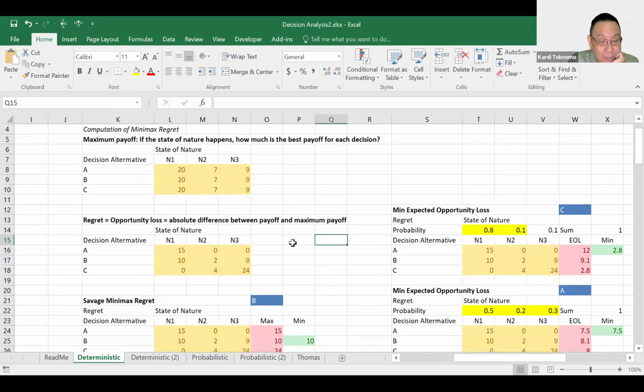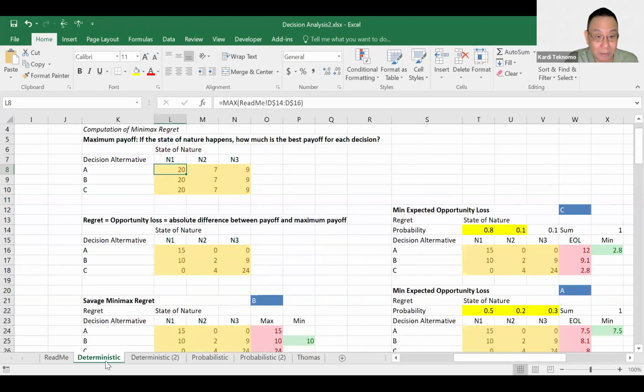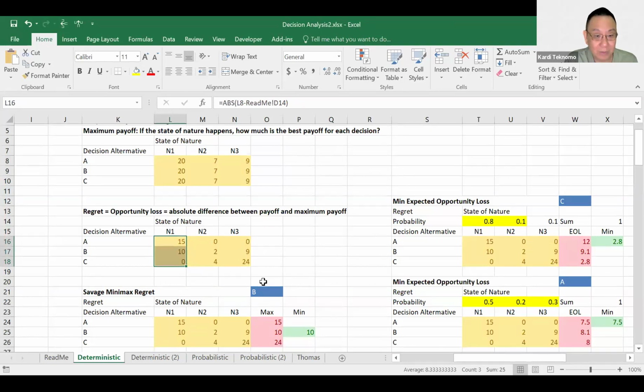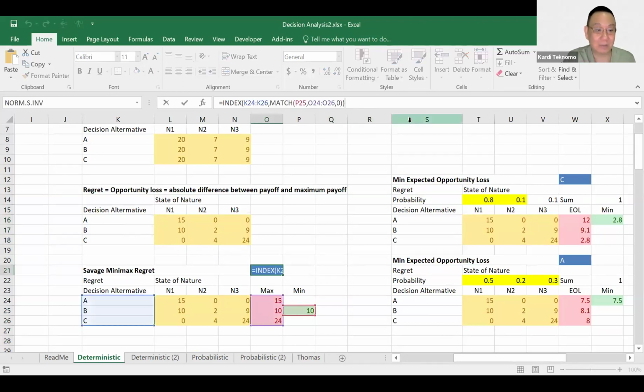We calculate the maximum payoff here, see the values that we have, and then we get the regret, and then we compute the minimax regret. Last time we got alternative B. This is how you use index and match, so that you can automatically get the result.